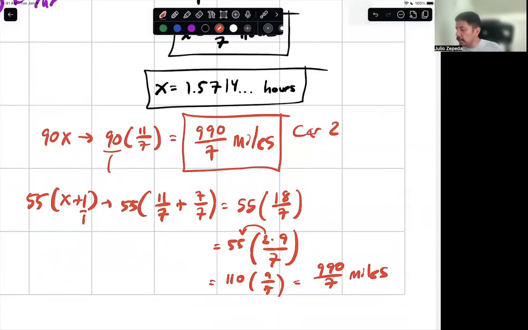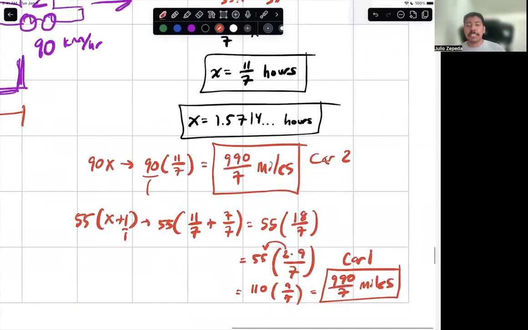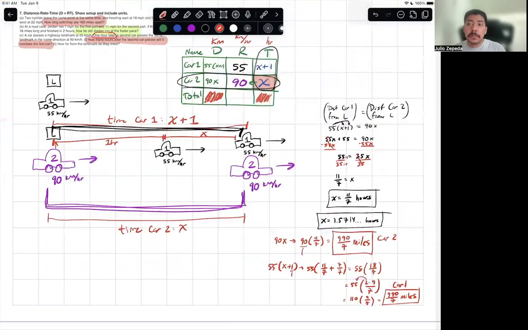And so what this serves to check here, this is the distance traveled by car 1. If x was equal to 11 over 7, well, car 1 and car 2 traveled the same distance. That means car 2 is overtaking car 1 at this time. And that's exactly the situation that was given to us in the problem. So this is the correct answer.